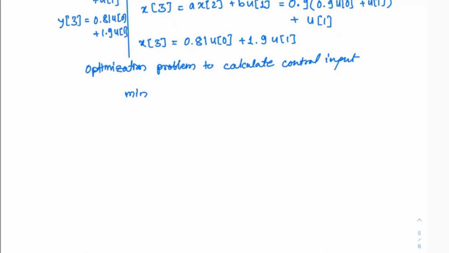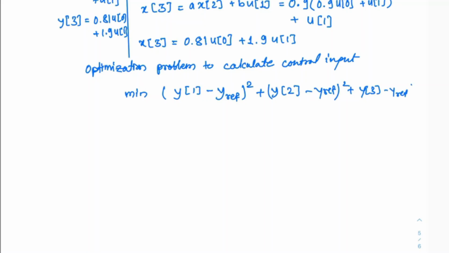I want to minimize the difference between where I am and where I want to be: y1 minus yref whole square, plus y2 minus yref whole square, plus y3 minus yref whole square.